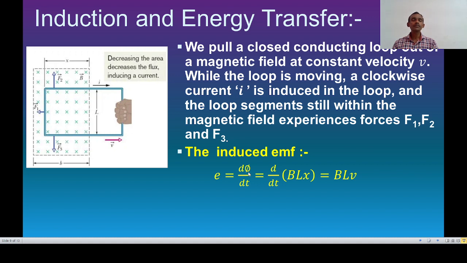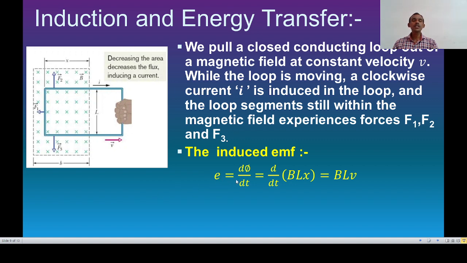Here phi is the magnetic flux, which changes with the decrease in this segment x inside the magnetic field as we pull this loop towards the right. Due to this decrease in x, there will be a decrease in area, that is Lx.